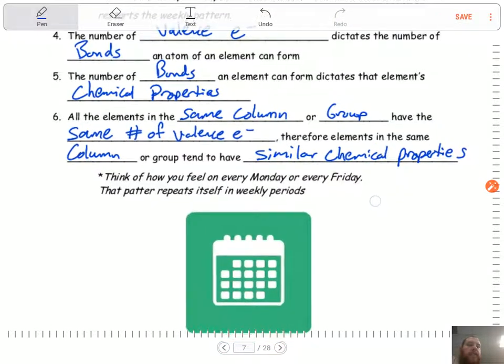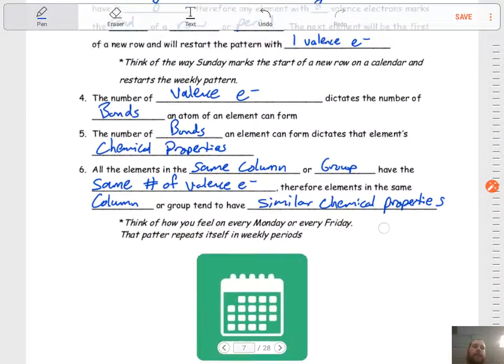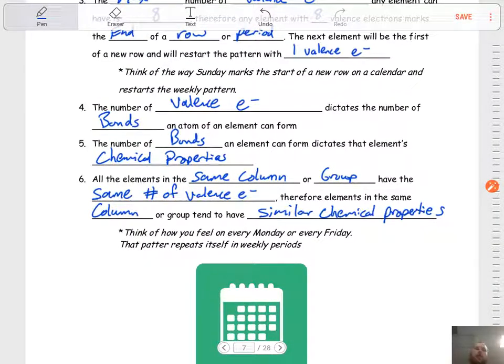An analogy for that is to think of how you feel on every Monday or Friday, right? Everybody dreads Mondays, everybody likes Fridays. That pattern repeats itself in weekly periods. All right, so that's just a brief intro, the history of the periodic table. We will start talking about how the periodic table is arranged in the next video.